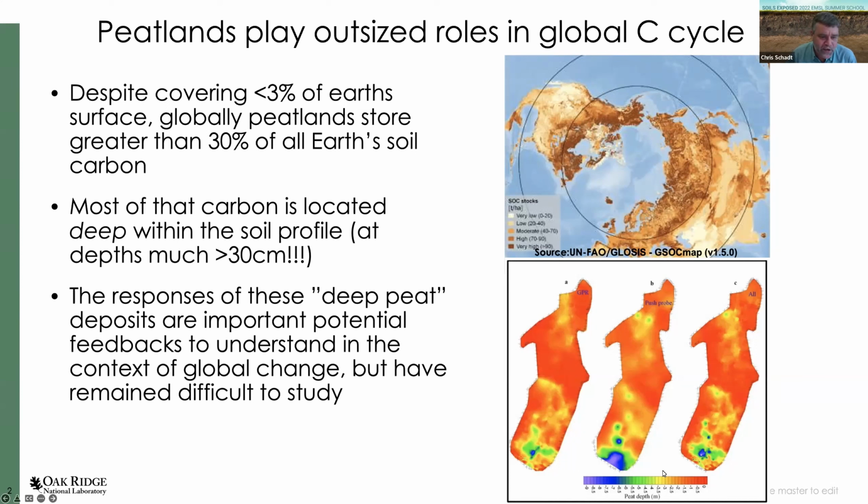And the responses of these deep peat deposits are important potential feedbacks to the climate carbon cycle. So as these deep peat deposits either stay or go away under changing climate, what kind of feedback that could have on the climate change is quite different.